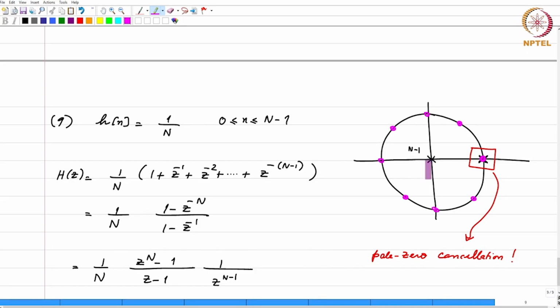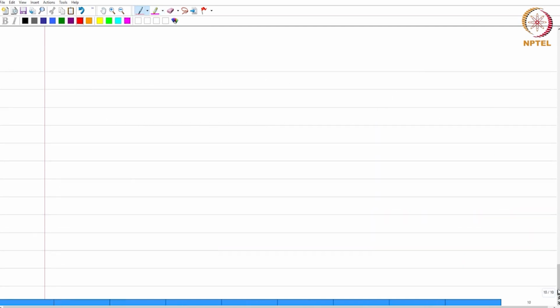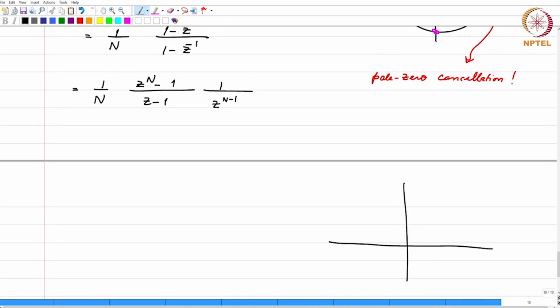And immediately you can also see why such a function that does not have uncancelled non-trivial poles has to be FIR. And the reason, it is very easy to see why this is the case. Suppose you had a pole here that is uncancelled, clearly this is non-trivial because this is not at z equal to 0.